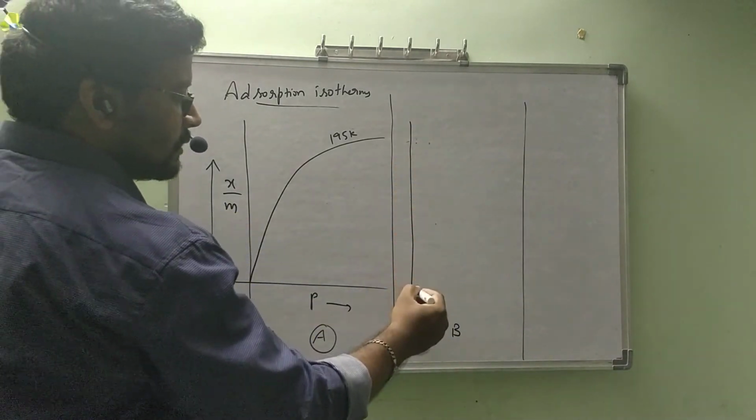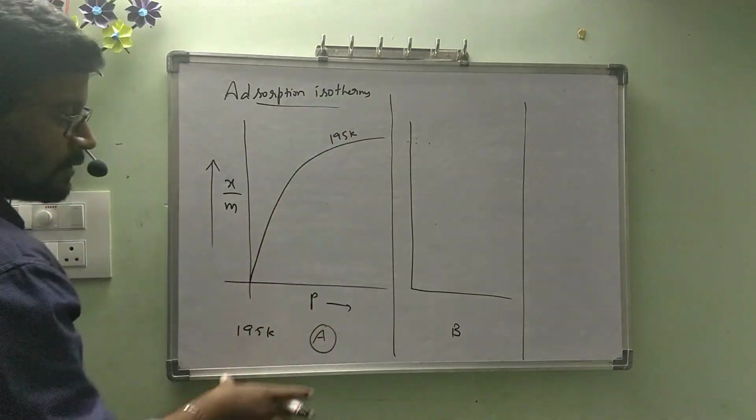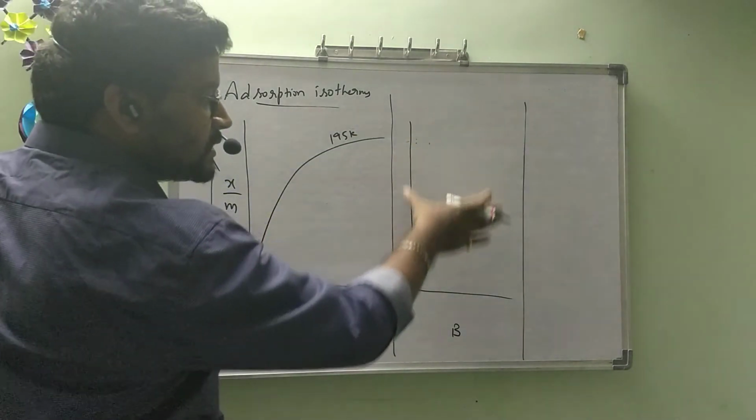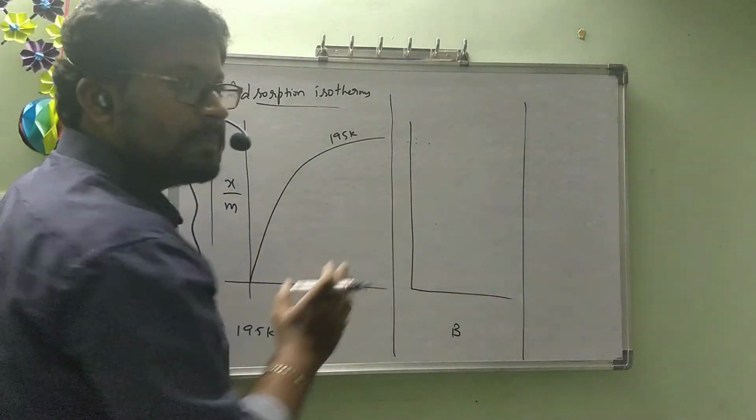Temperature is different. Actually, as long as this process is going on, temperature is constant for A. As long as B is investigating, temperature is constant. Don't think that from here to here temperature is changed.